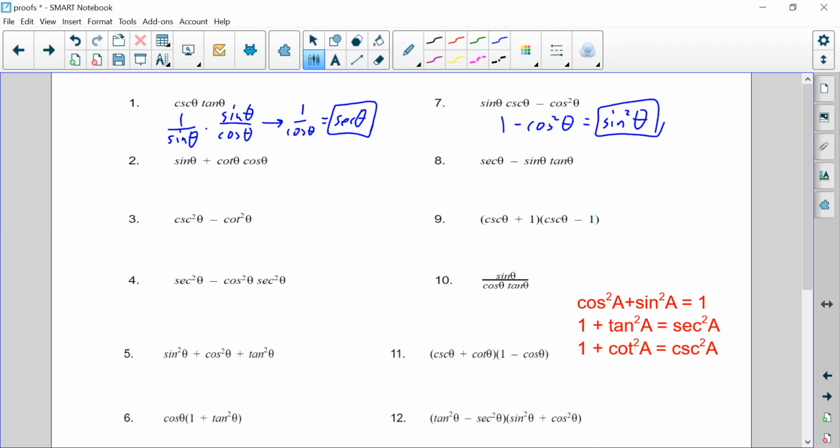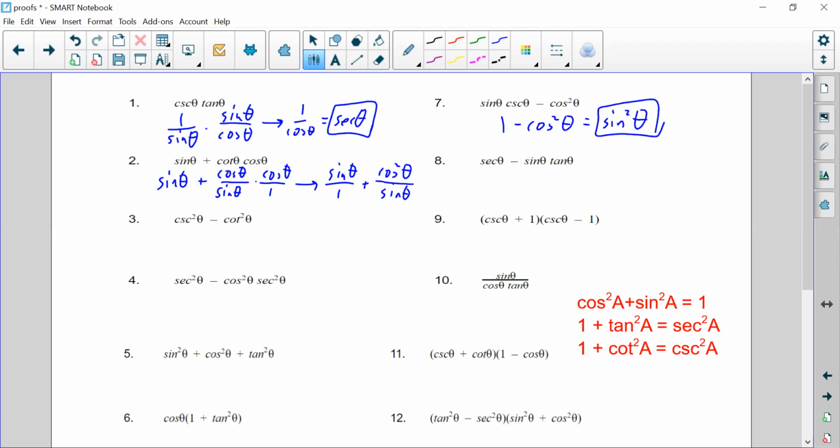On the right, I've got cotangent and cosine. Something cancels out there, I'm sure, because cotangent is cosine over sine. And nothing cancels out. But I have cosine times cosine, and that is cosine squared. So I've got sine of theta over 1 plus cosine squared theta over sine. And now I've got two fractions. I can always combine those fractions.